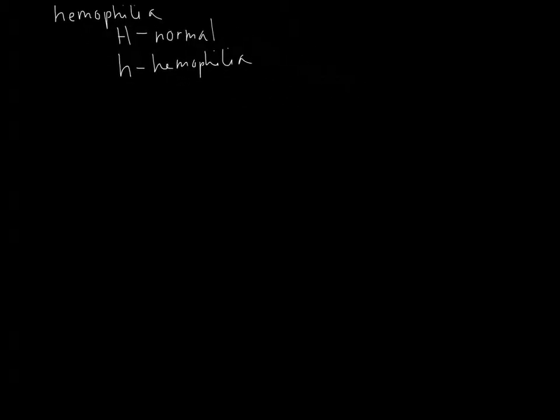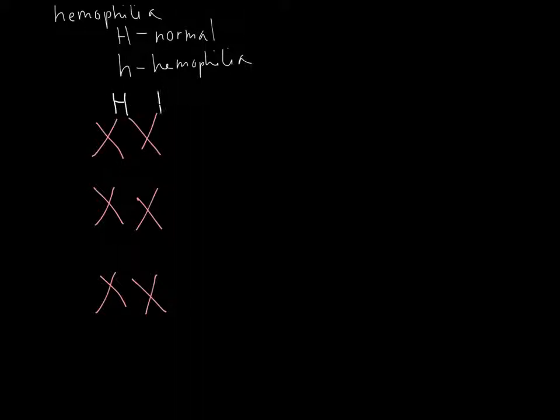Now let's talk about how this would look when we're talking about males and females. So females are going to have three options. XX, XX. So they can either have big H, and notice I'm connecting the allele to the X chromosome. Sorry, that H looks kind of bad.